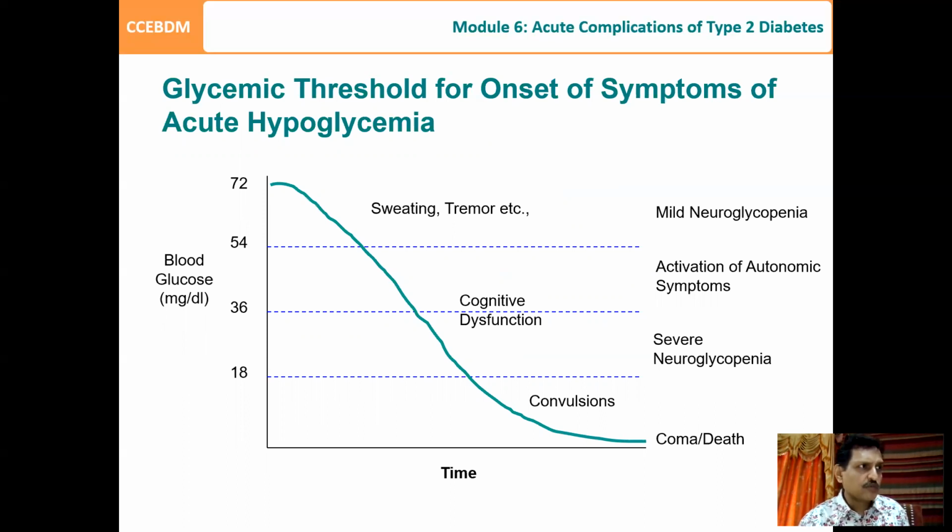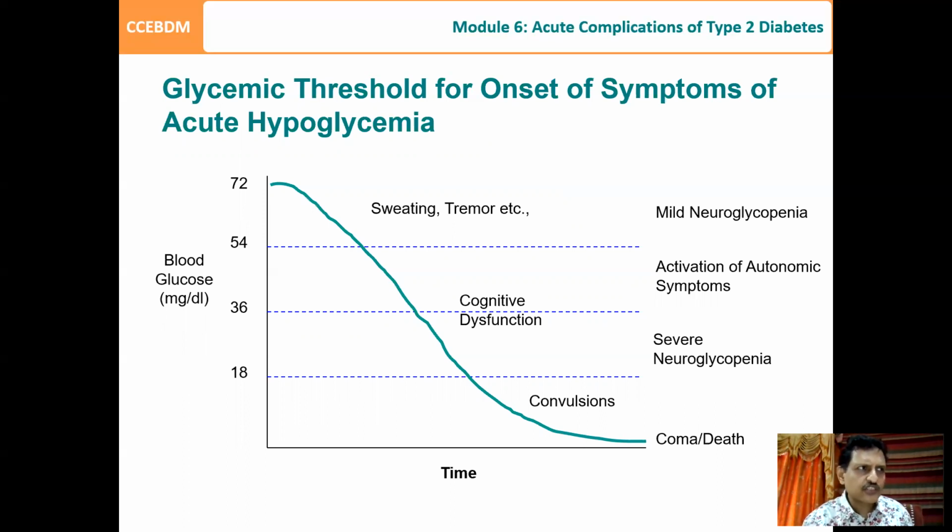Once the blood glucose level goes below 50 or 54, cognitive dysfunction starts, and when it goes below 18 or 20, it means there is severe neuroglycopenia, with seizure, convulsion, coma, which may end in death. So therefore, the hypoglycemic symptoms actually depend on the level of blood glucose in most situations.